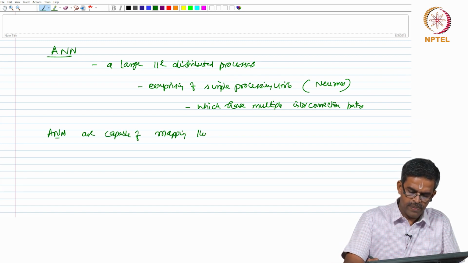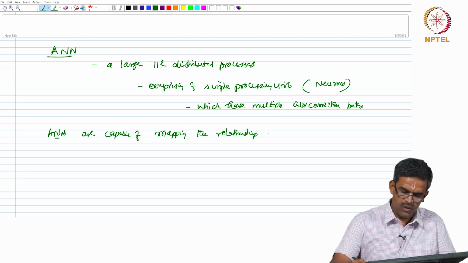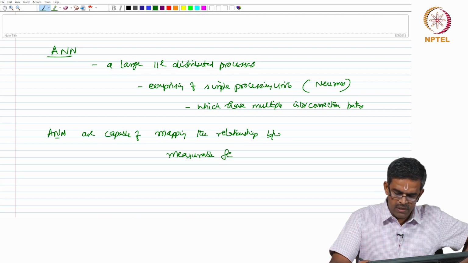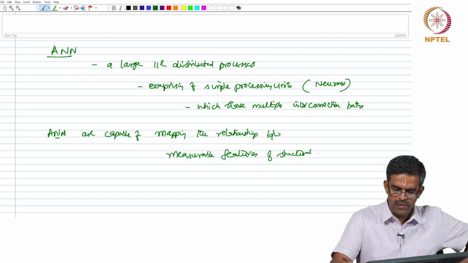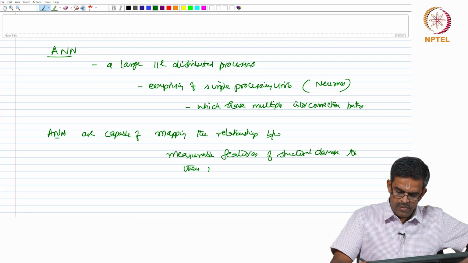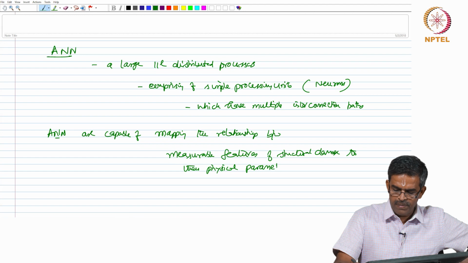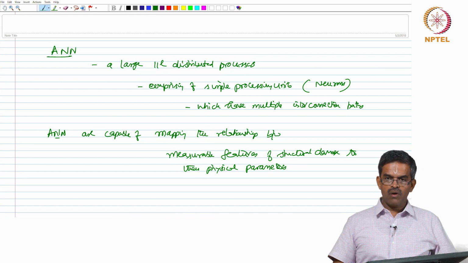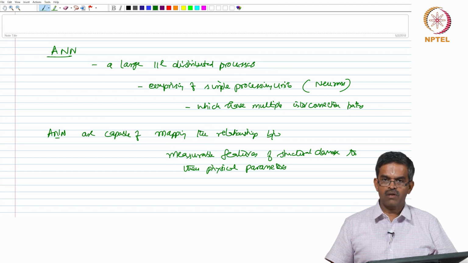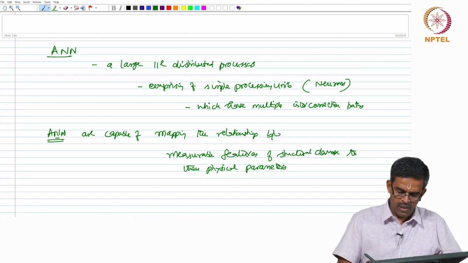They map the relationship between measurable features of structural damage and their physical parameters. For example, what kind of damage would cause what change in the physical parameter or property? This can be identified and established using an artificial neural network.